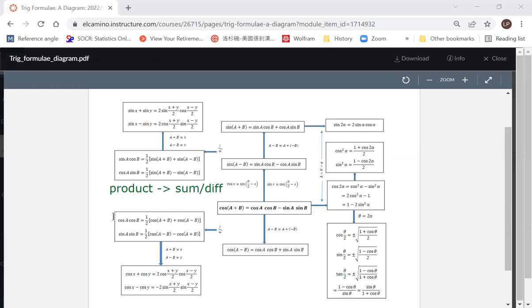And this one too. So this piece and that piece are about product to sum or difference. And this piece is actually about factoring. So these two formulas are about factoring, and of course this one is also about factoring.